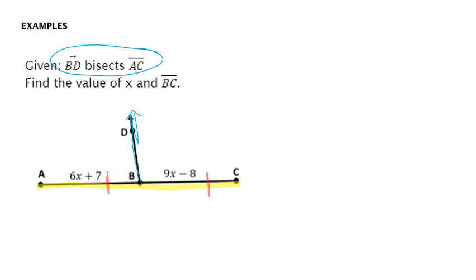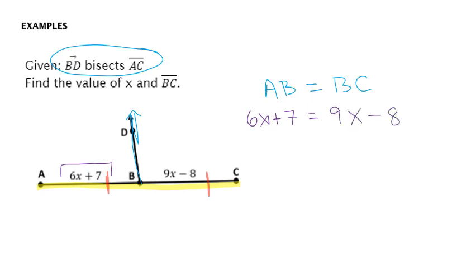So that means that AB is equal to BC. If we want to find the value of X, I know that this expression of 6X plus 7 is equal to 9X minus 8. And then we're going to go ahead and solve for X.